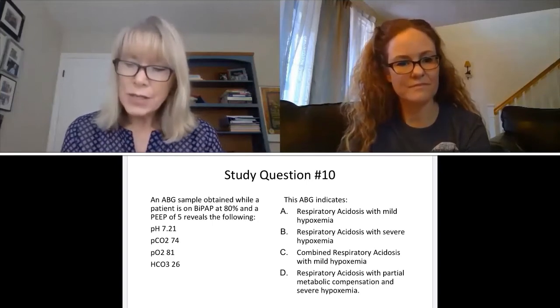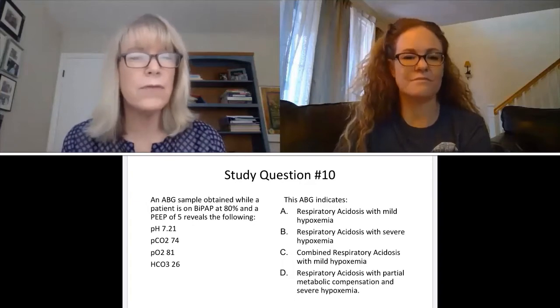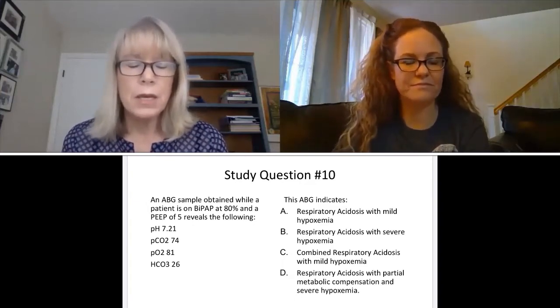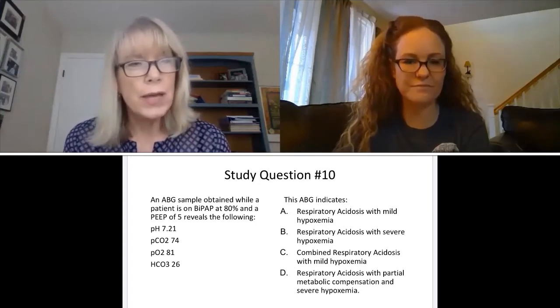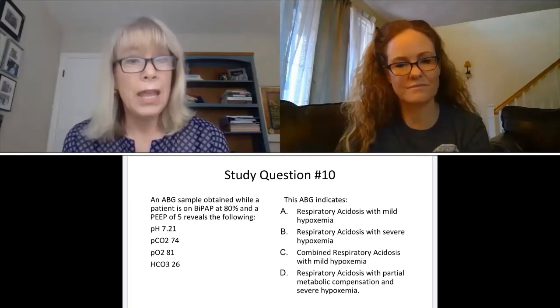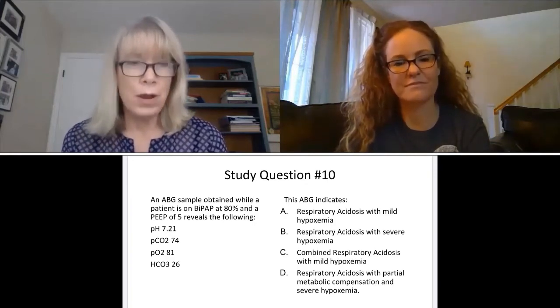But let's just talk about what it would look like in a normal person. If you and I, Shanna, they did an ABG on you, you might have a PaO2 of 81. And normal is between 80 and 100, and you're breathing room air.